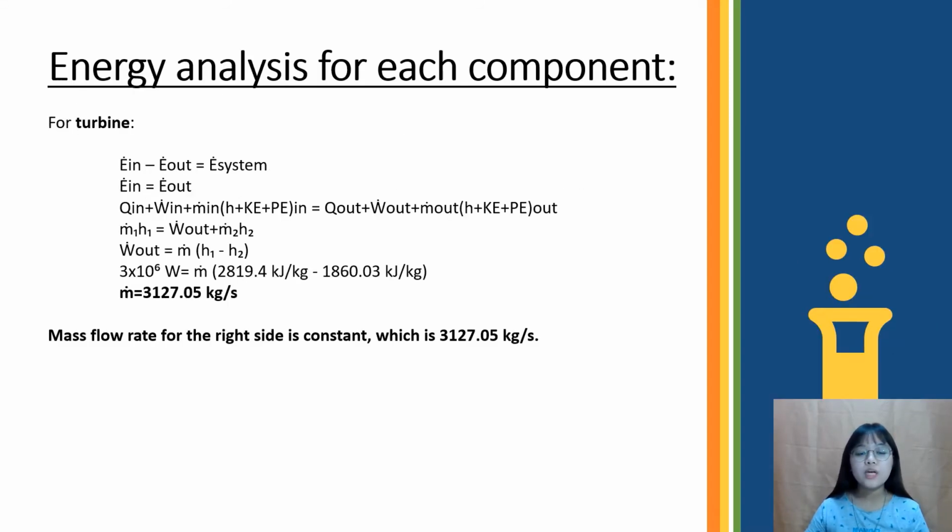Then we will do the energy analysis for each component. For the turbine, we substitute the value into this equation and we will get the mass flow rate of the right side is equal to 3127.05 kg per second. The mass flow rate for the right side is constant throughout the loop, which is 3127.05 kg per second.